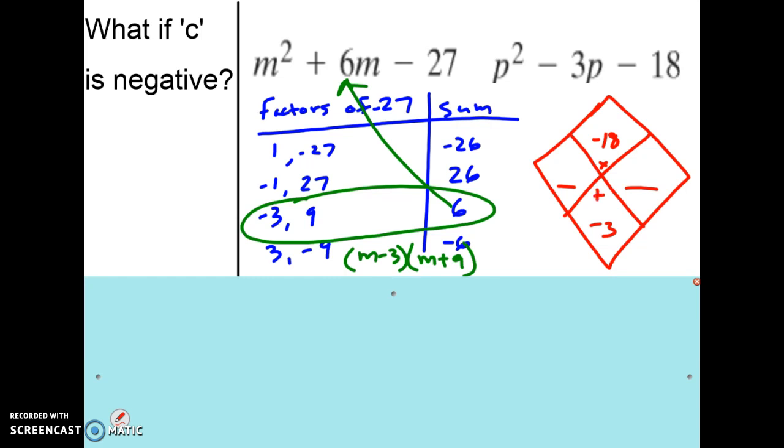So what I do is I think of the factors of 18 that are 3 away from each other, and that would be 3 and 6. And then I know it needs to be a negative 6 because they have to add to negative 3. So those would be our two factors, and then we'd write them in factored form as p plus 3 times p minus 6.